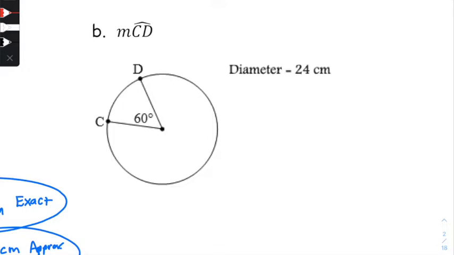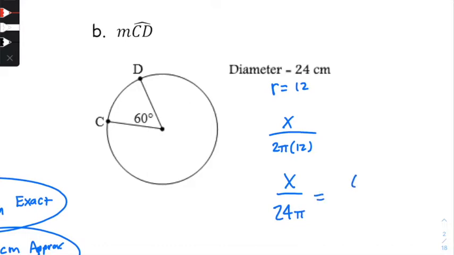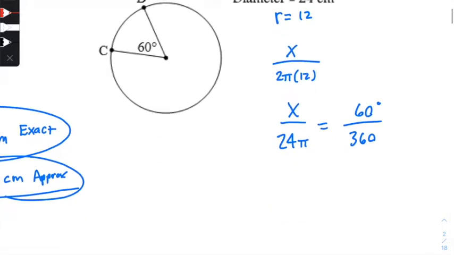The diameter is 24, which means the radius must be 12. But when you go back and plug everything into the formula here, when you're doing 2 pi and then r, 2 times 12 is going to get you back to 24. So you can say, okay, that's 24 pi. The angle is 60 degrees, or the arc right there, 60 degrees, and then over 360. And this one I'm just going to go ahead and multiply right away.